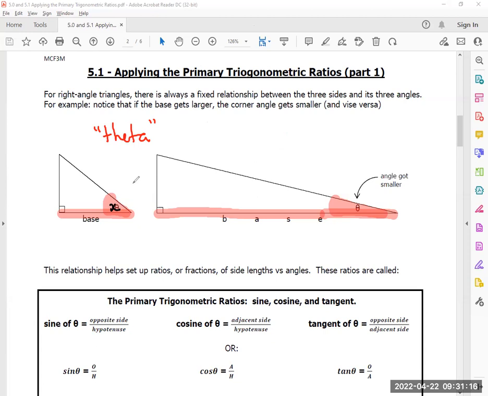So far, so good? Here is the next thing I want to let you know. What do you notice? This is not a yes or no question. What do you notice about the base on the left triangle and the base on the right triangle? What do you notice? The difference. It's not a trick question.